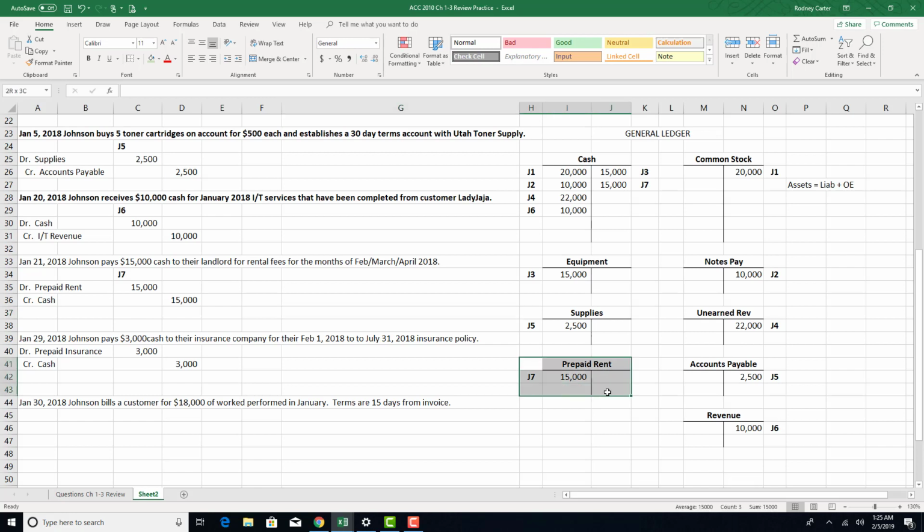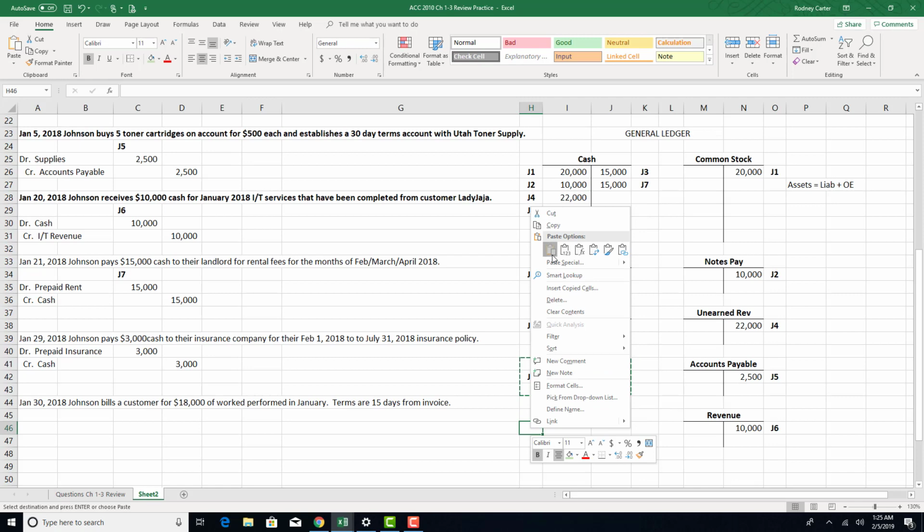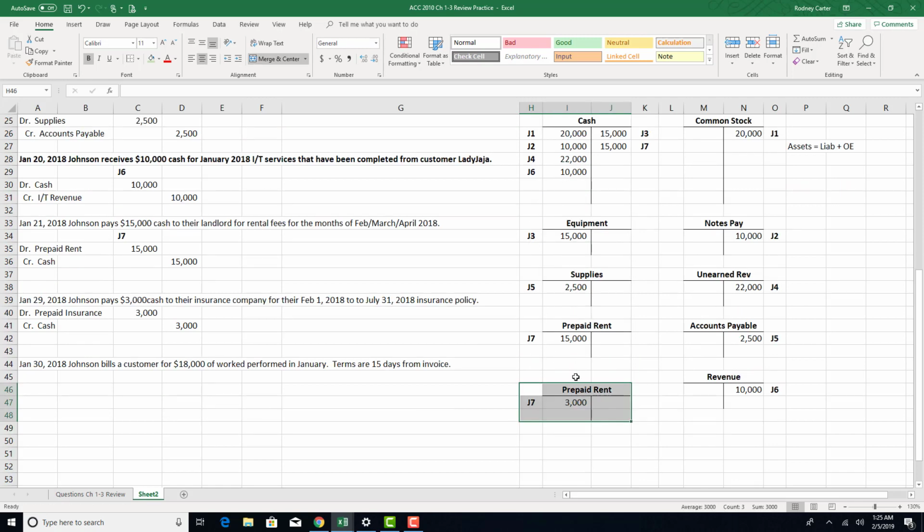So I'm going to create another account here. This is another prepaid account. That's okay. Give us a little space here. Prepaid insurance. J8, I believe.